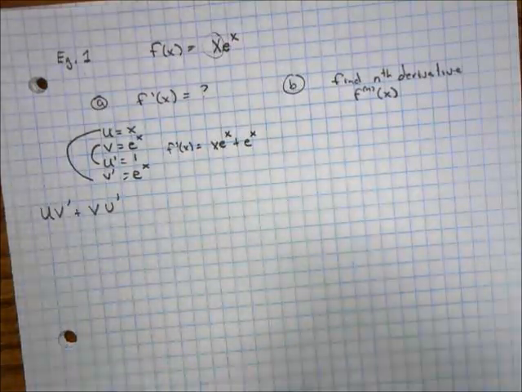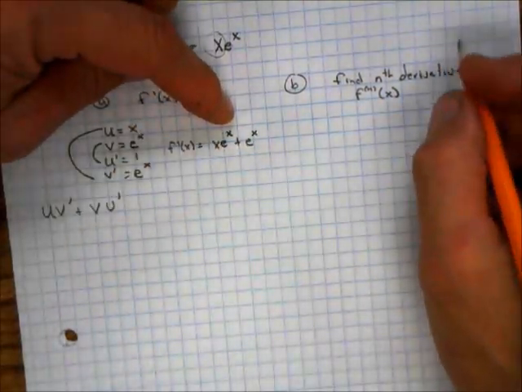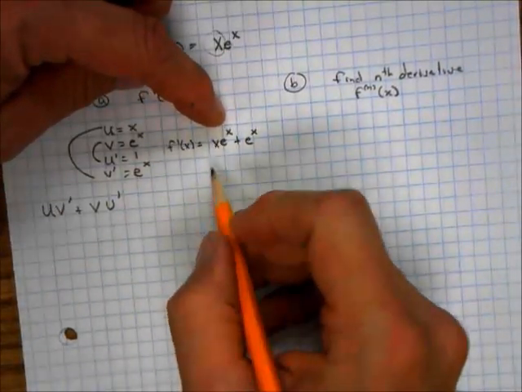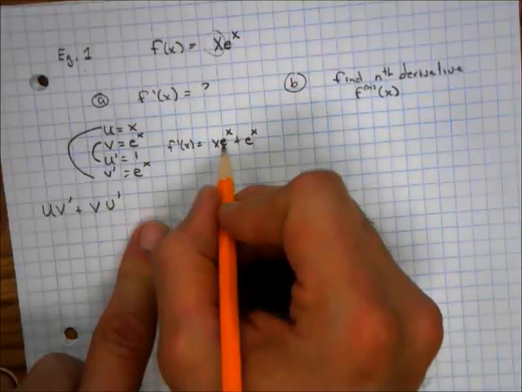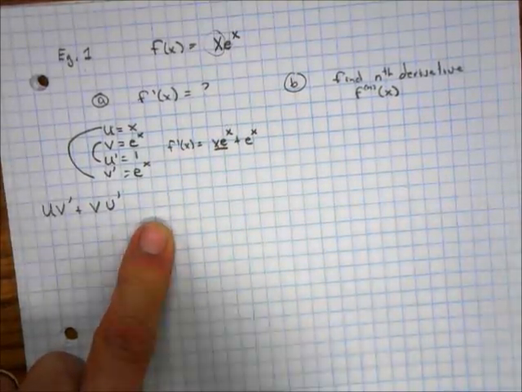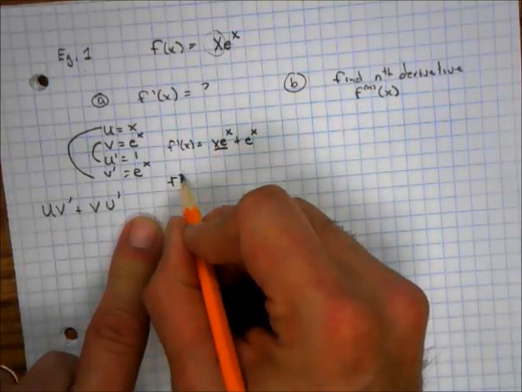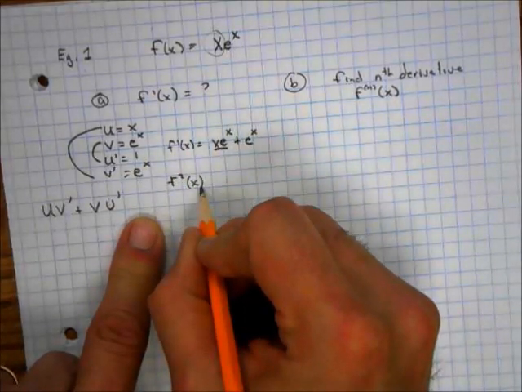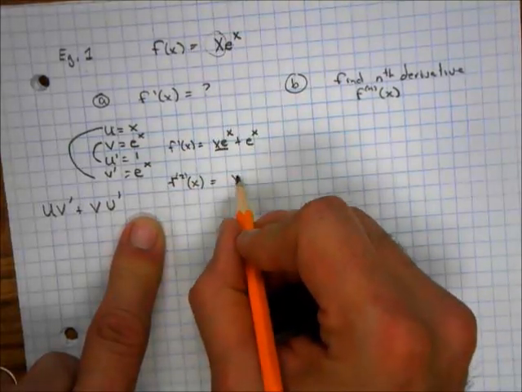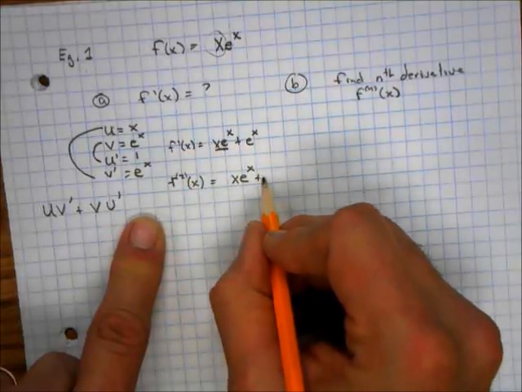Okay? So now this says find the nth derivative. Okay, well, let's take the derivative again. We already know what the derivative of that is. We just did it. We don't have to go through the whole process again. So the second derivative, the derivative of this is x e to the x plus e to the x.